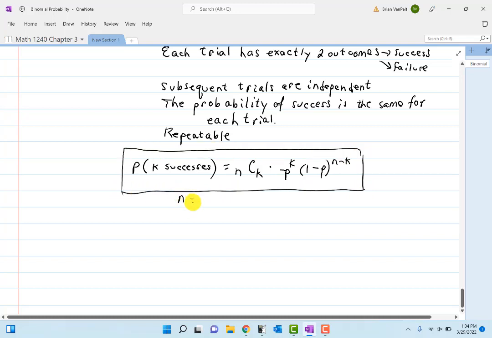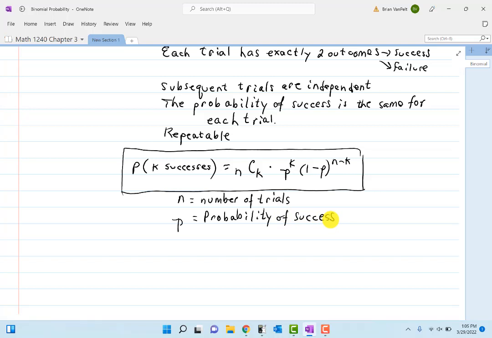So n equals the number of trials, lowercase p is the probability of success. So now this extremely powerful formula can be used. As long as you can recognize it's a binomial experiment, you can go right to this formula.